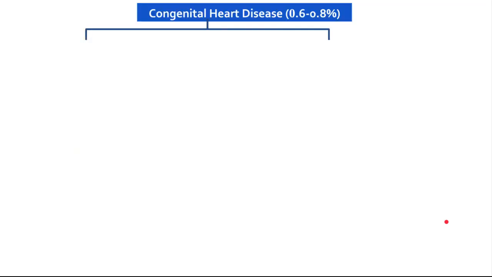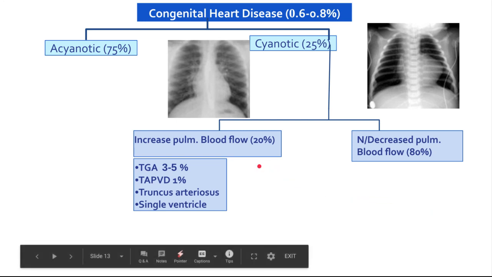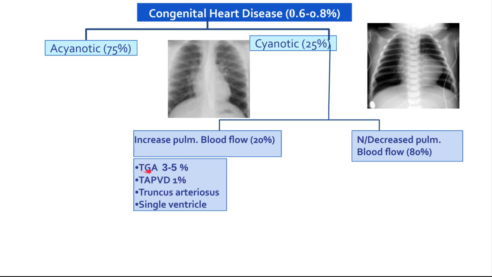So again, coming to the classification of congenital cyanotic heart disease, it is divided into two groups on the basis of pulmonary blood flow. In the increased pulmonary blood flow group, TGA, transposition of great arteries, is the second most common cyanotic heart disease after TOF and an example of parallel circulation.